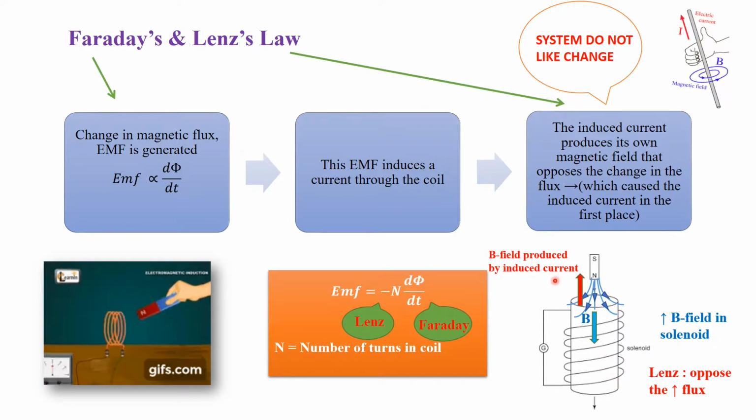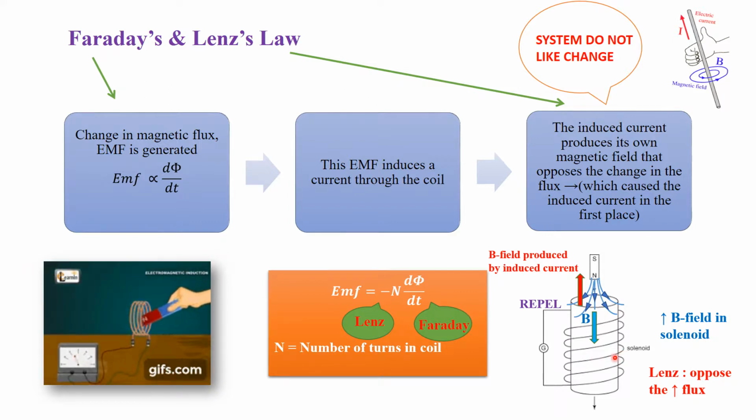Now notice that this is quite similar to Newton's third law of motion, where every action has an equal and opposite reaction. Now this difference in B field, where one is downwards and one is upwards, would cause a repulsion force.